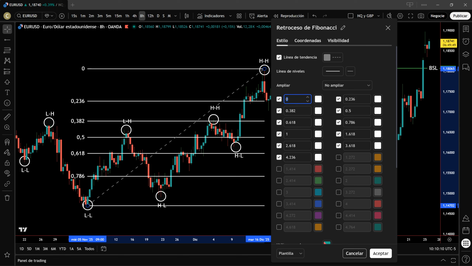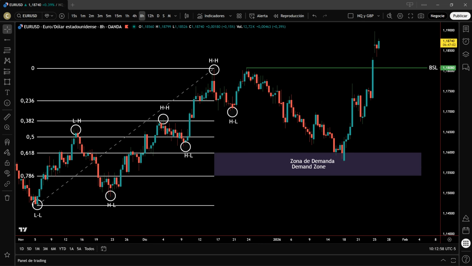However, I want you to pay very special attention to what we call the golden pocket, which sits between the 0.618 and the 0.786 levels. Historically, these levels are where price has the highest probability of finding support or resistance after a strong impulse. Take a few seconds to copy these exact values into your own trading platforms.